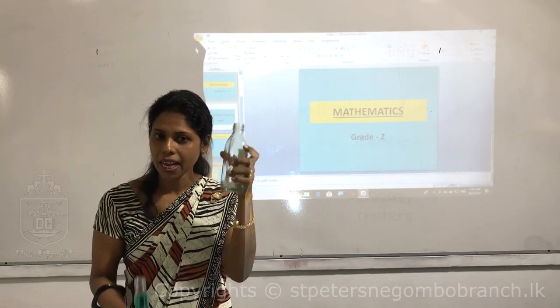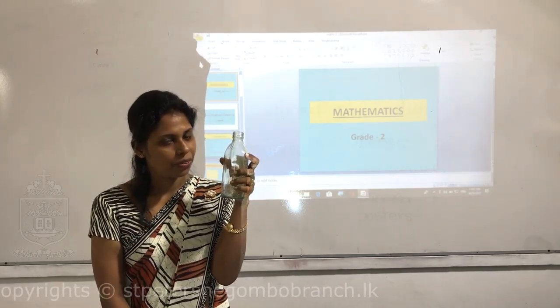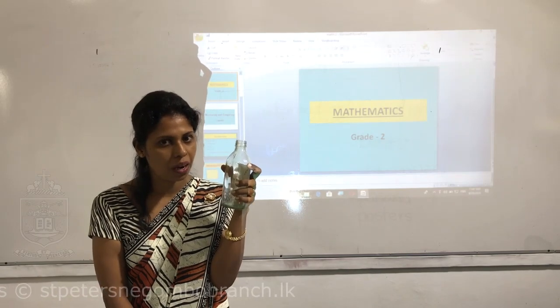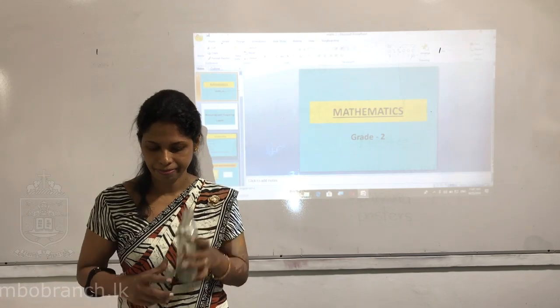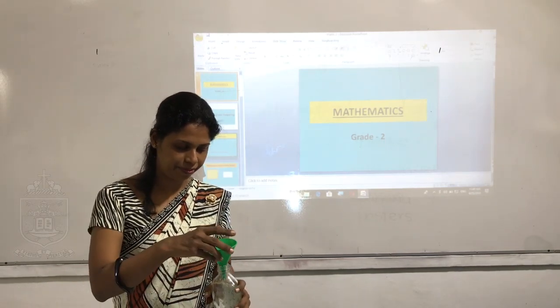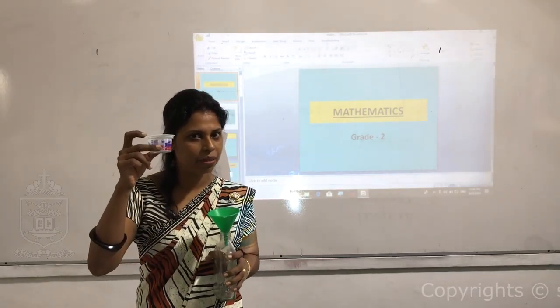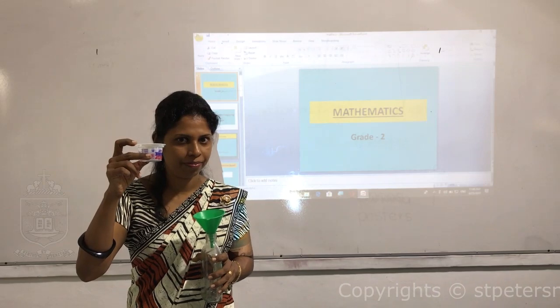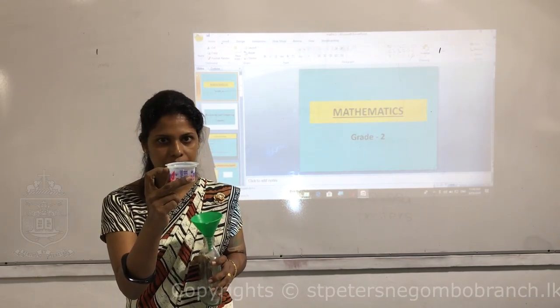Now I am going to fill this bottle and we are going to check how many yogurt cups I need to fill this bottle. Let's see. Okay, this is my non-standard measuring unit. So I am going to fill the liquid up to this level.